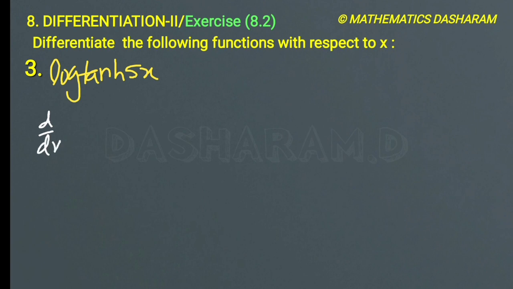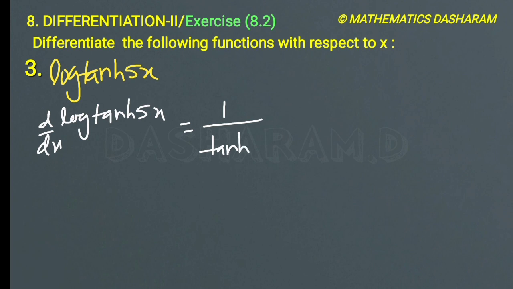Third question: log tanh 5x. So the derivative of log tanh 5x equals, first the derivative of log x formula is 1 by x. So 1 by, at the place of x we have tanh 5x. Next, do the derivative of another function, that is tanh 5x.